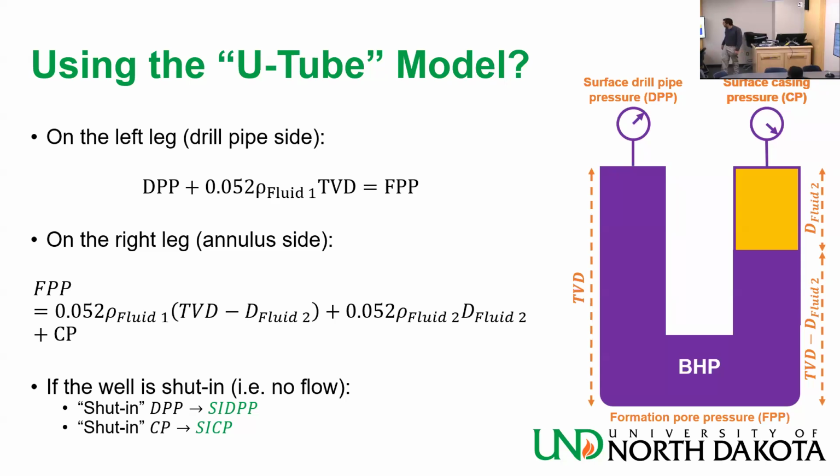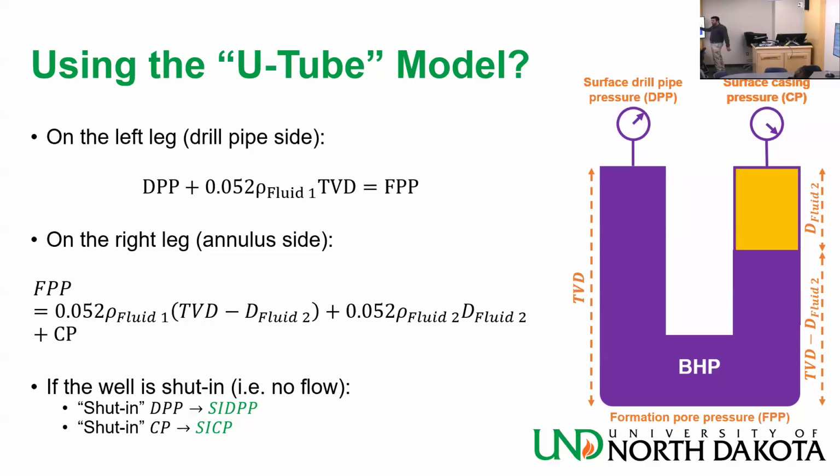In a well-control situation, D fluid 2 is unknown, and rho fluid 2 is unknown. DPP is known, it's SIDPP in that case. SICP is known, they are in front of you. You can have somebody recording it for you.